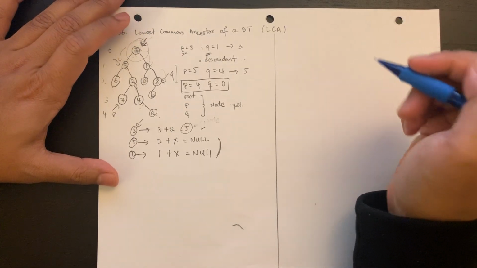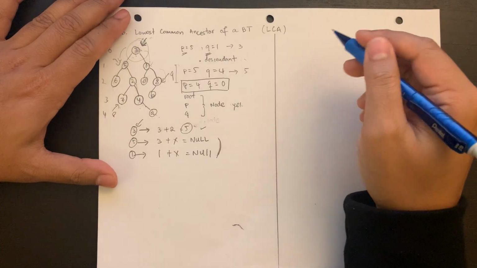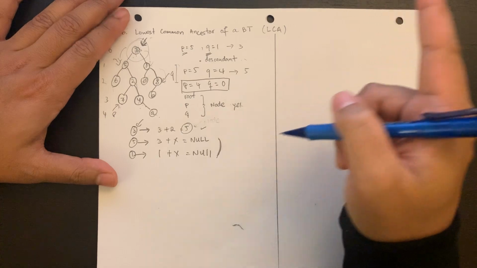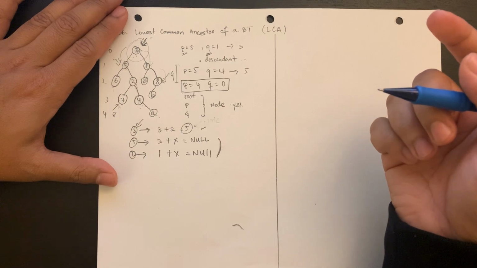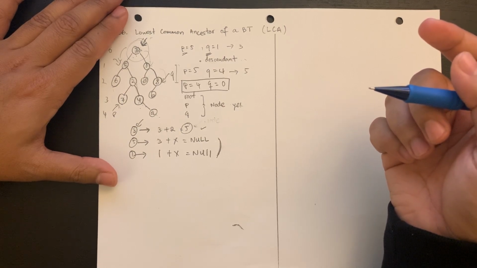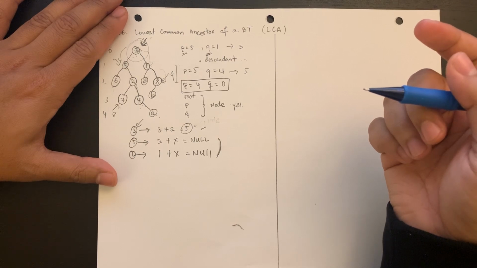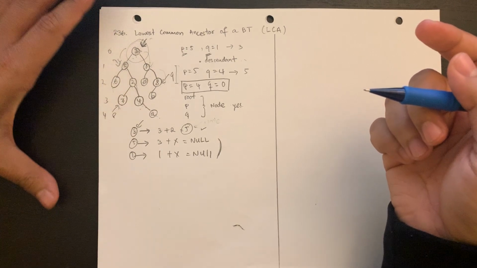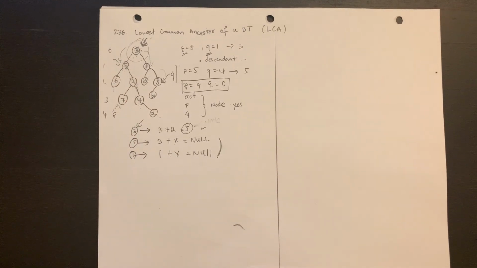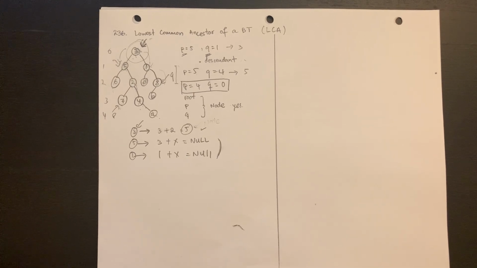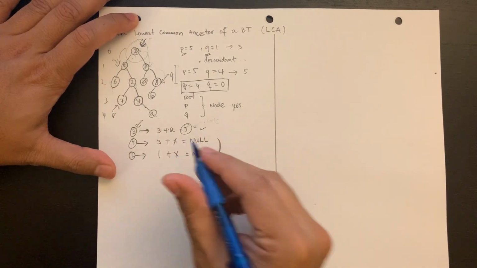Ideally, root is a common ancestor to every other node, but it might not be the lowest common ancestor. Let's look at a closer example.